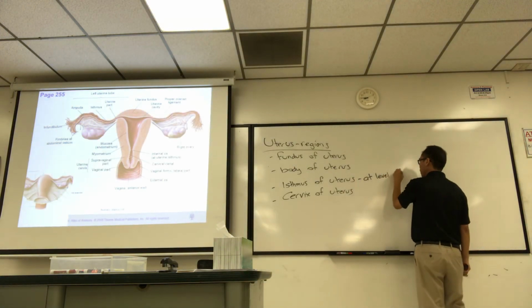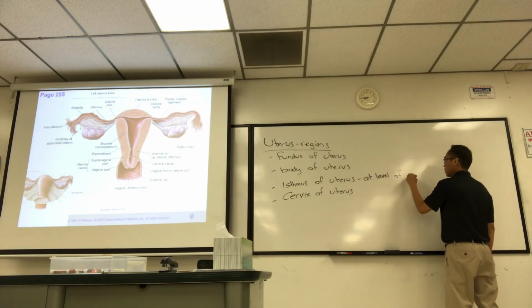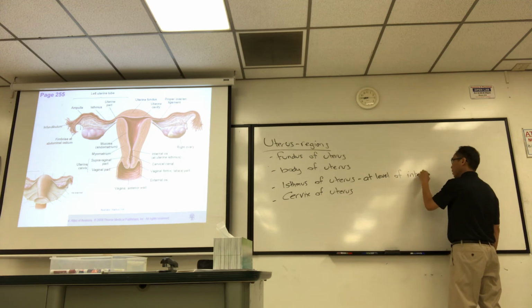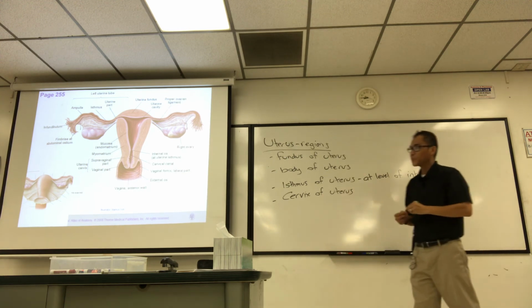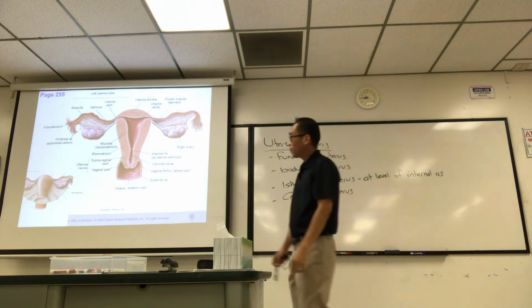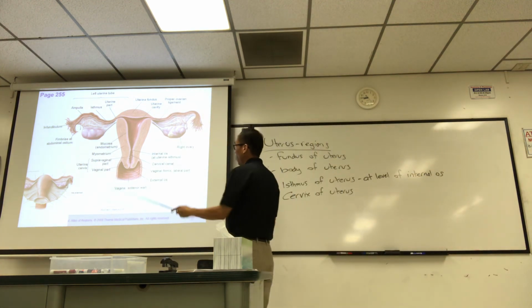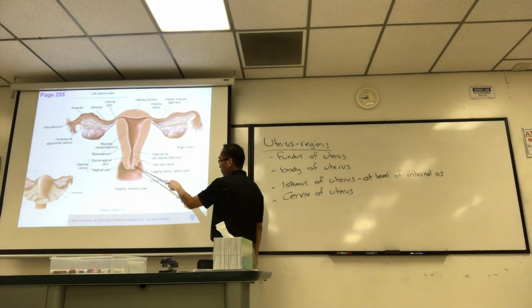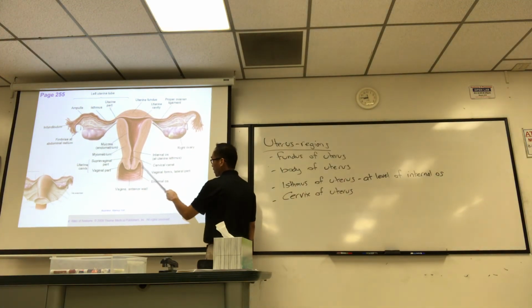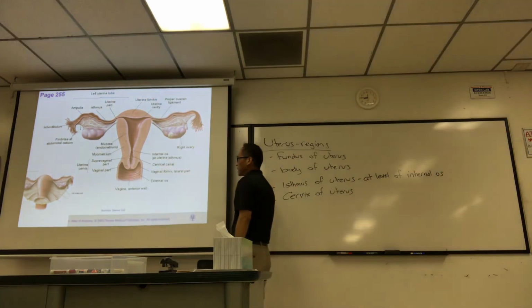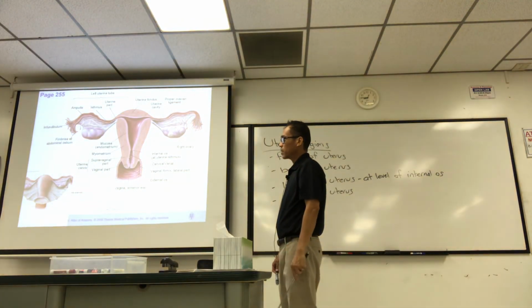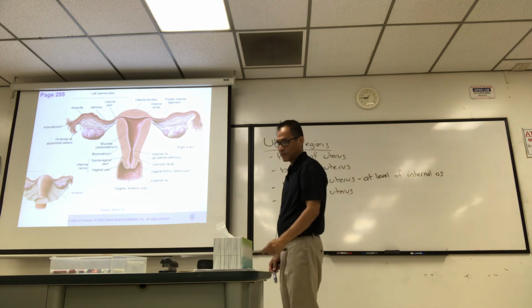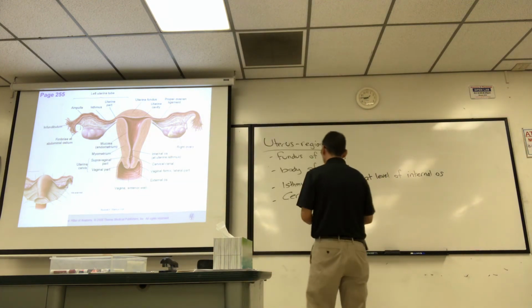At the level of internal os. Os is opening. That's how the sperm gets in. Well, anyways, any point below that constriction, from there to there, that's all cervix. The cervix is basically the inferior 1/3 of the uterus. It's called the neck of the uterus. Cervix means neck. Part that narrows.